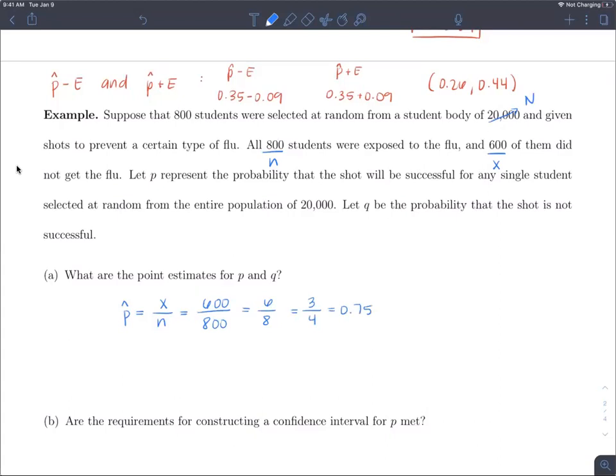So p hat is equal to 0.75, or in other words, 75% of the sample did not get the flu. And then q hat is equal to 1 minus p hat, so 1 minus 0.75 is equal to 0.25. Are there any questions on this part of the example, just the point estimates for p and q?